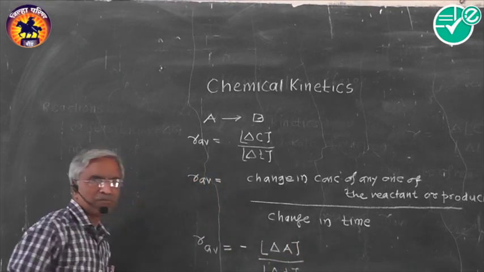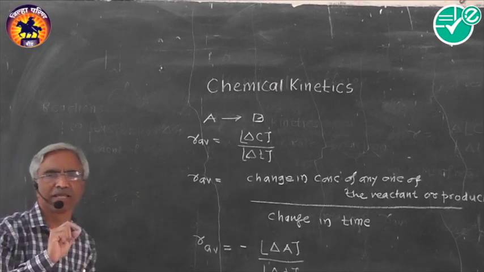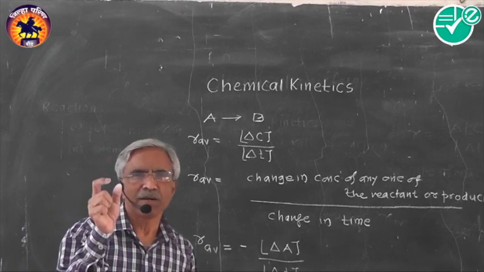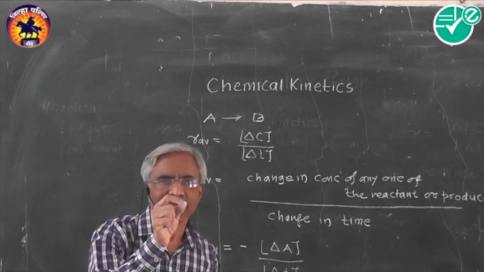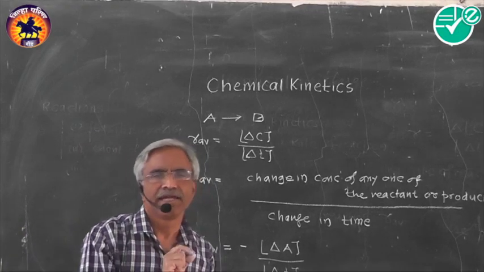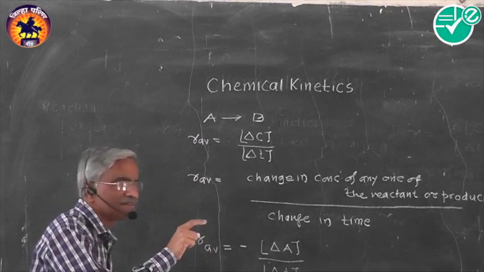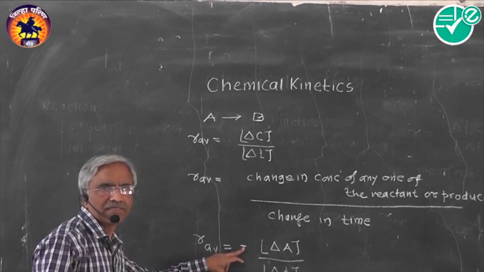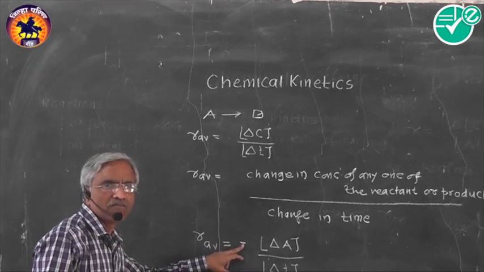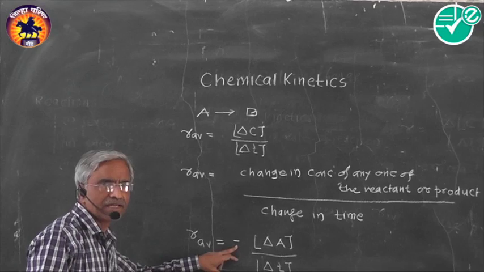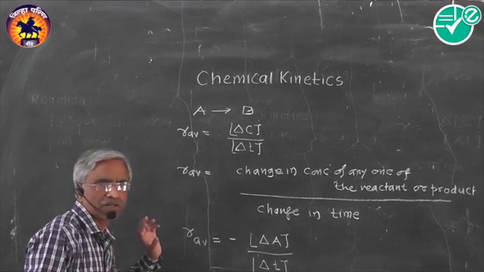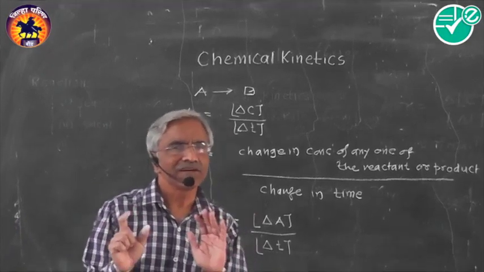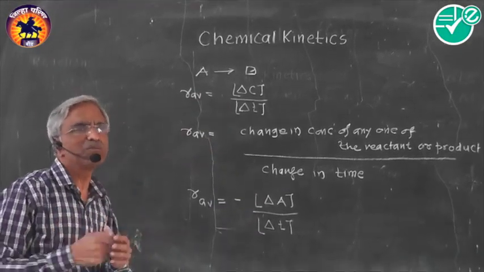Now if we remember the same example of magnesium being burned, we do know that as the reaction proceeds, the amount of magnesium decreases and amount of magnesium oxide increases. That means the reactant decreases. Here the sign minus indicates the decrease in concentration of the reactant. Now always remember that the rate is never a negative value, it always is a positive.